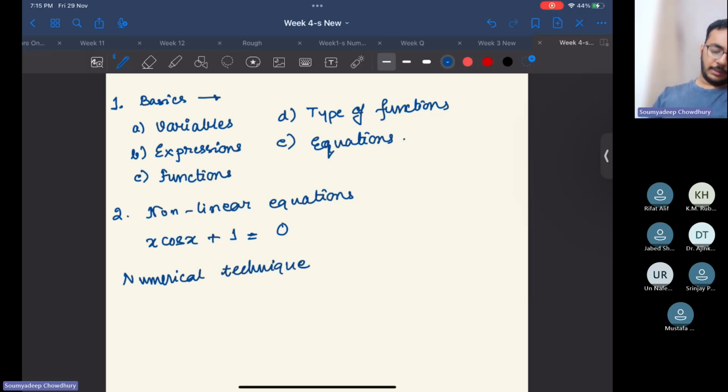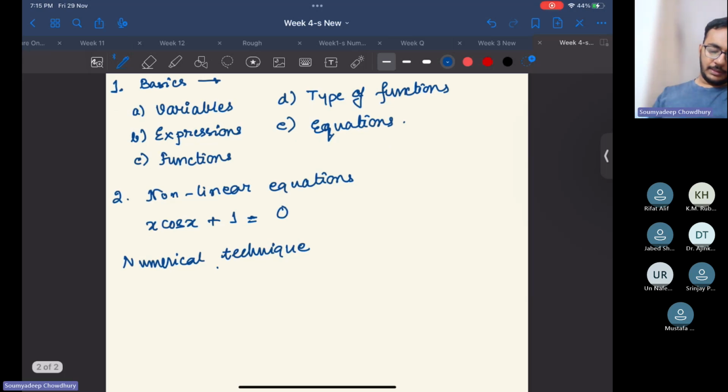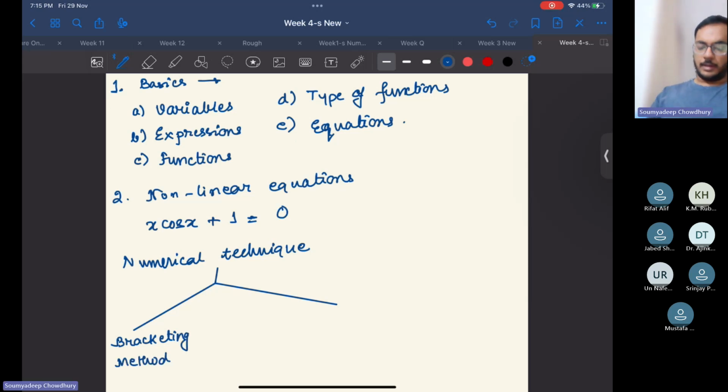Any numerical technique is basically of two types. The first type is the bracketing method, and the second type is the open methods.